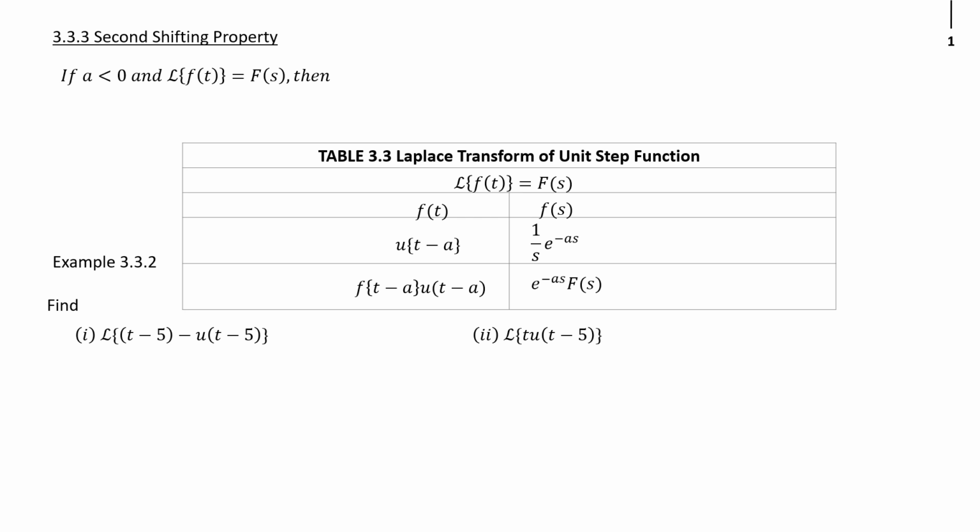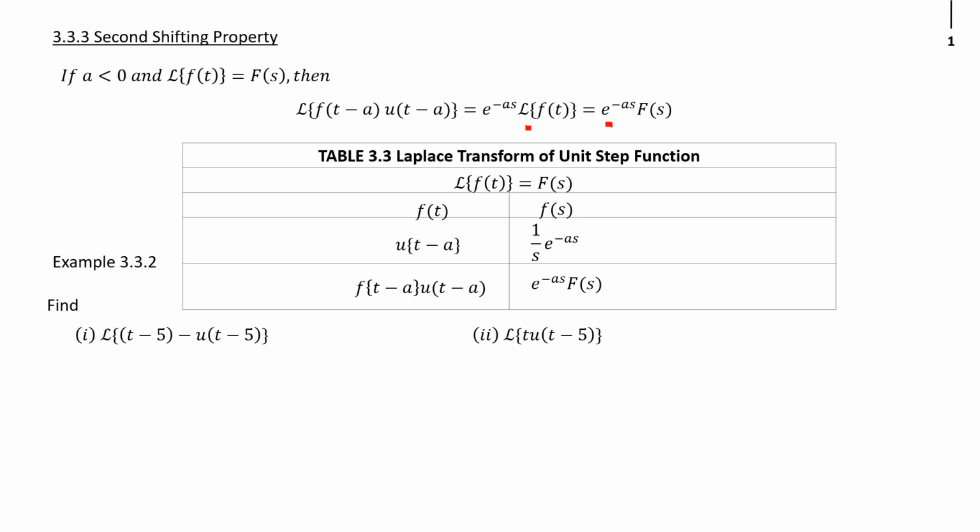3.3.3 Second shifting property. If a is less than 0 and the Laplace transform of f(t) is F(s), then the Laplace transform of f(t minus a) u(t minus a) is e to the negative as times the Laplace transform of f(t), which equals e to the negative as F(s).